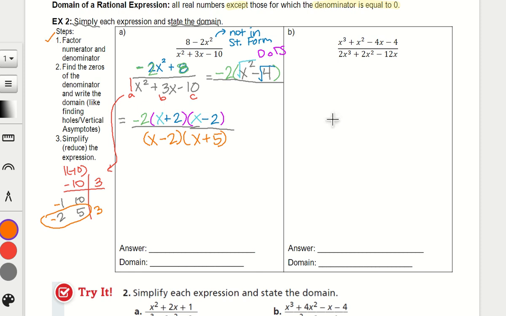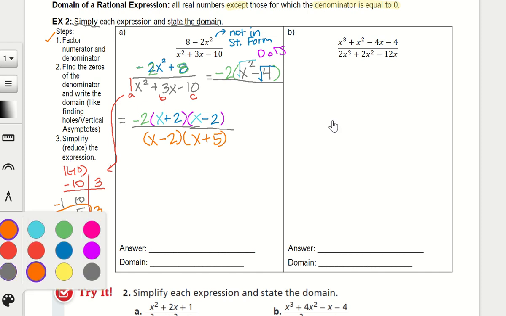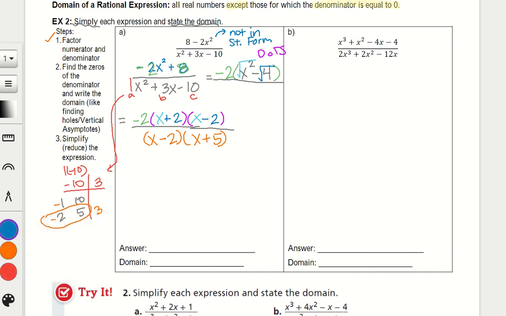Step 2 asks us to find the zeros of the denominator and write the domain. So this is like what we did when we found holes or vertical asymptotes, except our domain is going to be all real numbers except these x values.